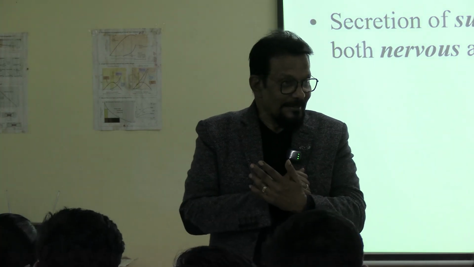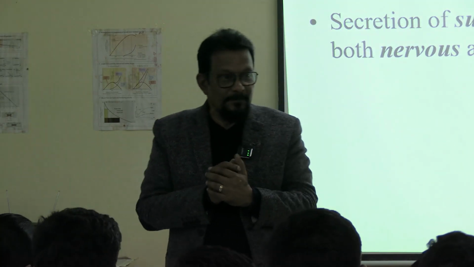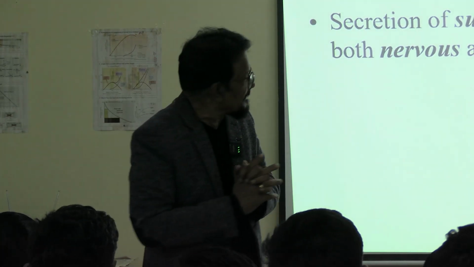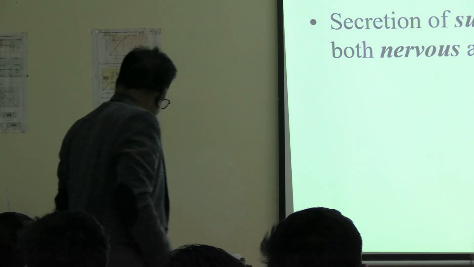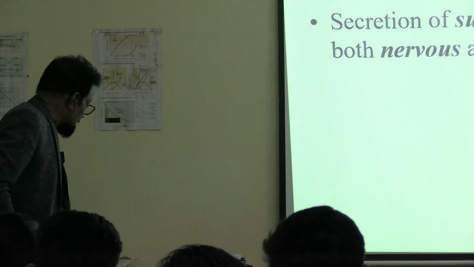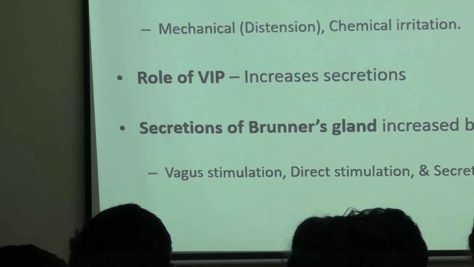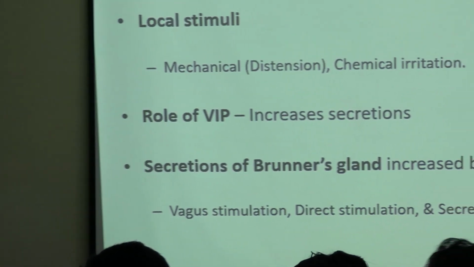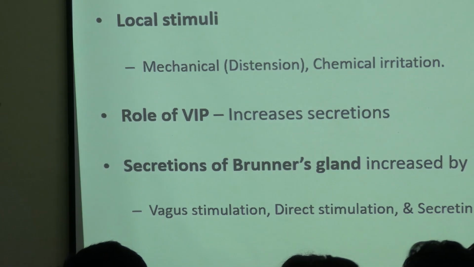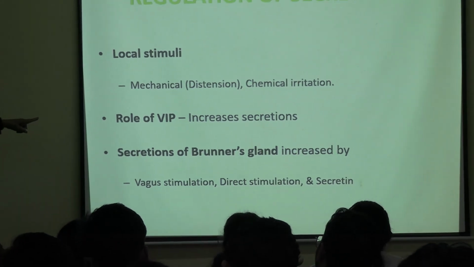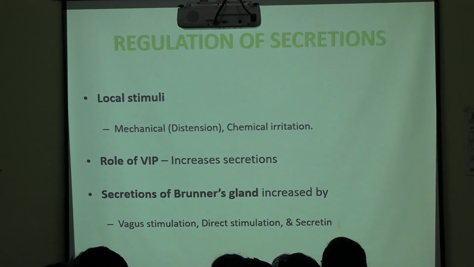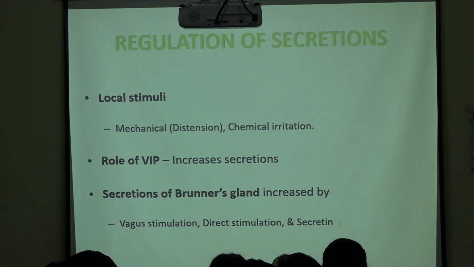In that way, the local reflexes help digestion. Understood? This is the neural mechanism. Lastly, regulation of secretions by local stimuli, distension, chemical irritation by hydrochloric acid, and the role of VIP. VIP means?